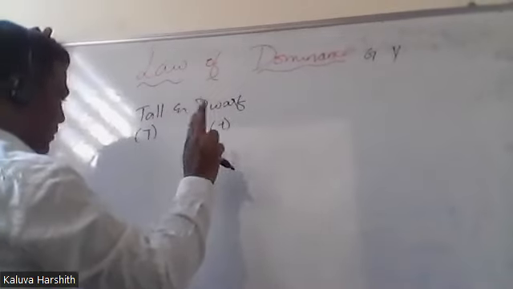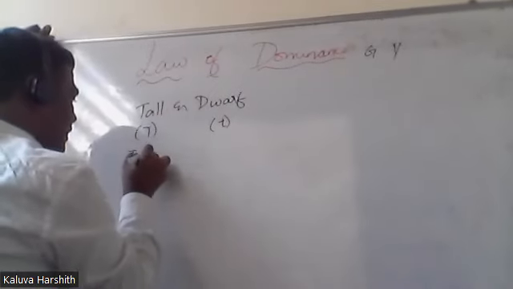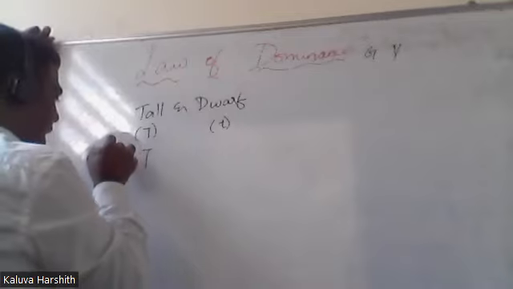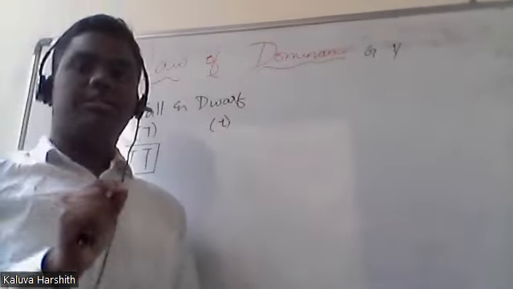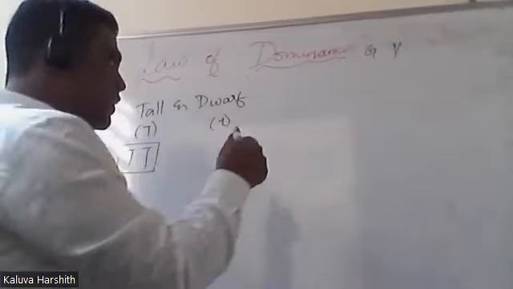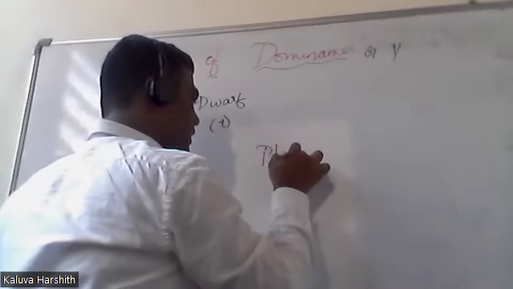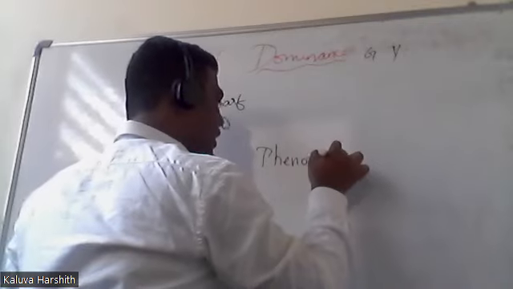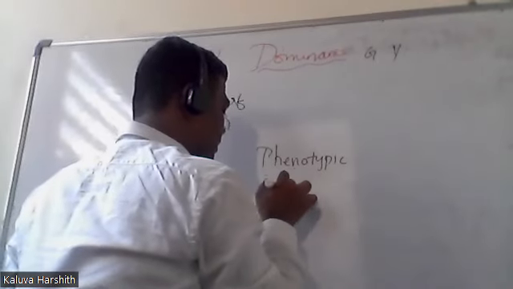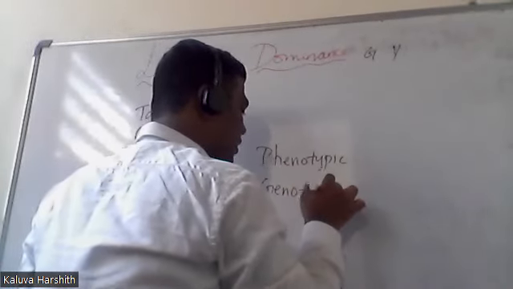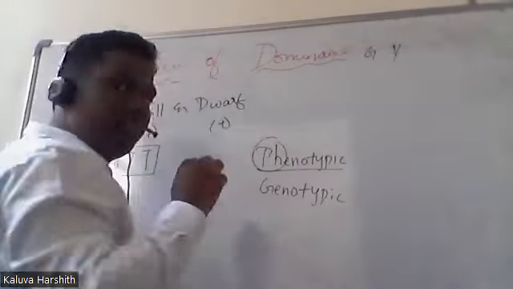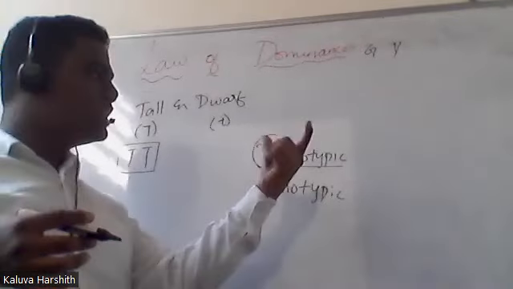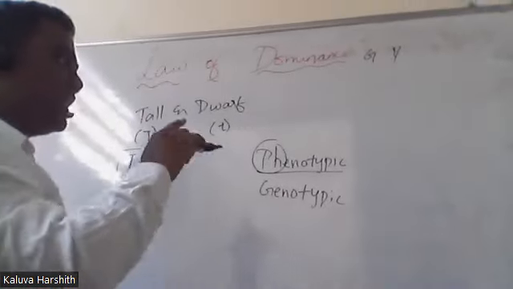One plant is having a genotypic character of capital T, capital T. Now what do you mean by genotypic and phenotypic? Two terminologies: phenotypic and genotypic. Phenotypic in the sense of physical appearance. Suppose we take a plant.